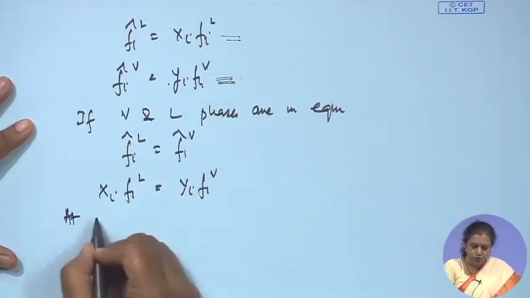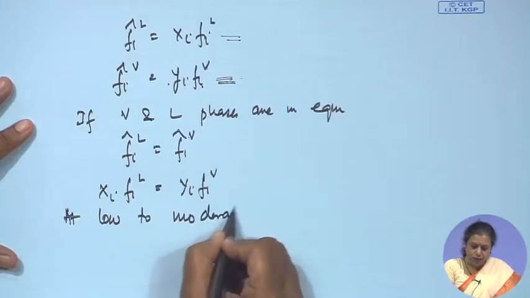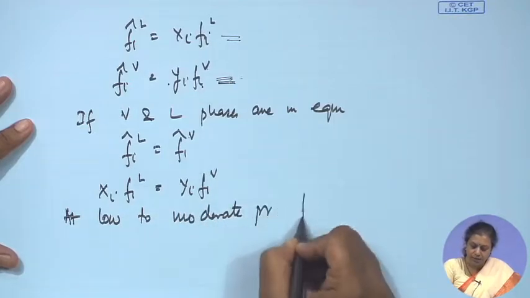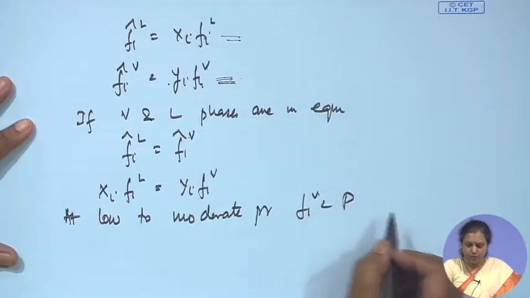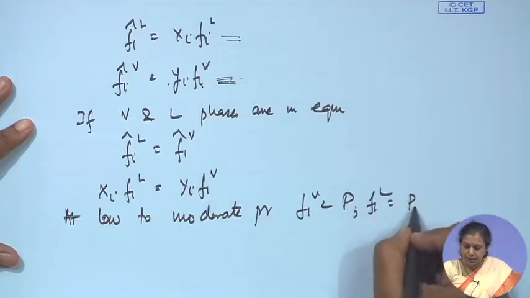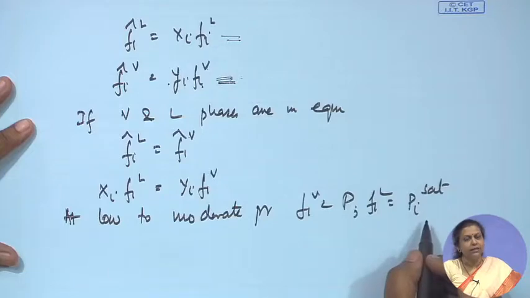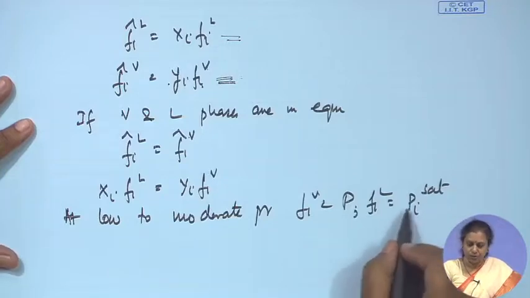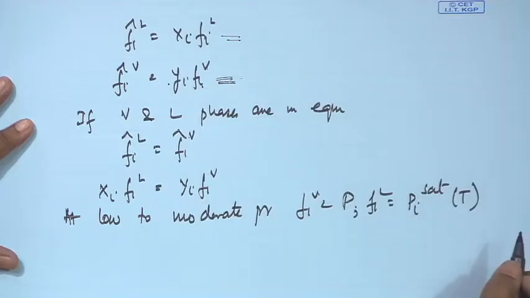At low to moderate pressures, what happens? f_i^V equals the total pressure over the mixture. f_i^L is equal to the saturated vapor pressure of the pure component at the temperature of the mixture. So, it is P_i saturated at the temperature of the mixture.